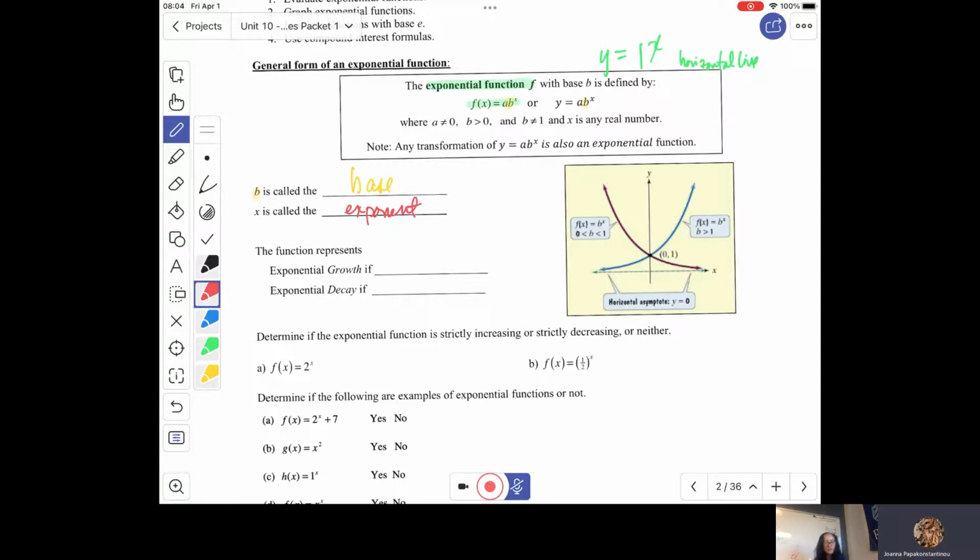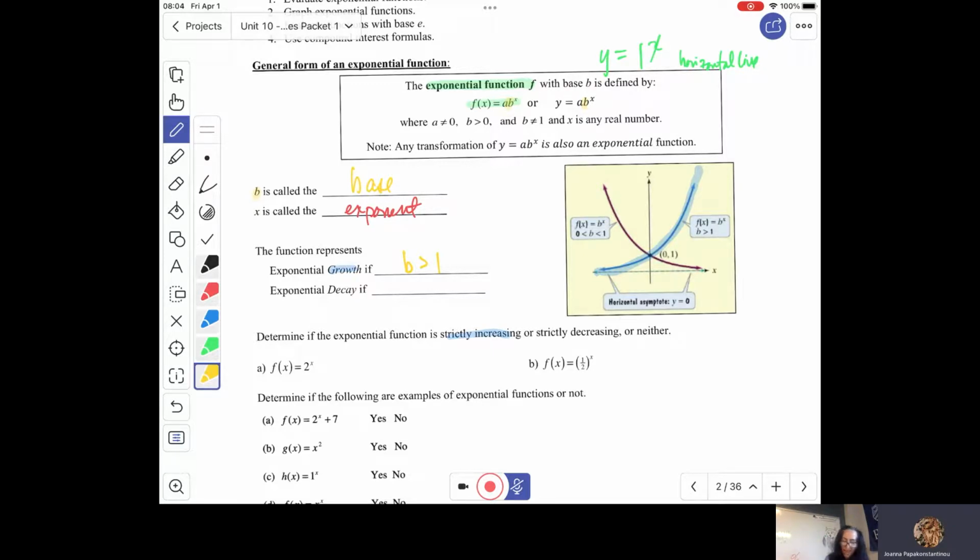Now, we also alluded to this yesterday, that we have exponential growth. Exponential growth, we are strictly increasing from left to right. Exponential growth occurs when that value B, the base, is a number greater than 1. And hopefully you explored those different values of B for that exponential exploration.